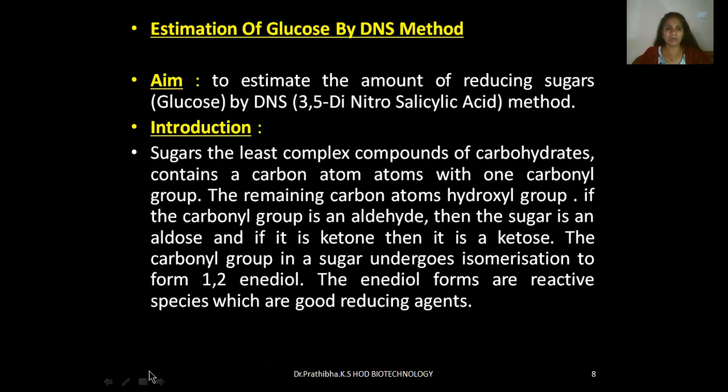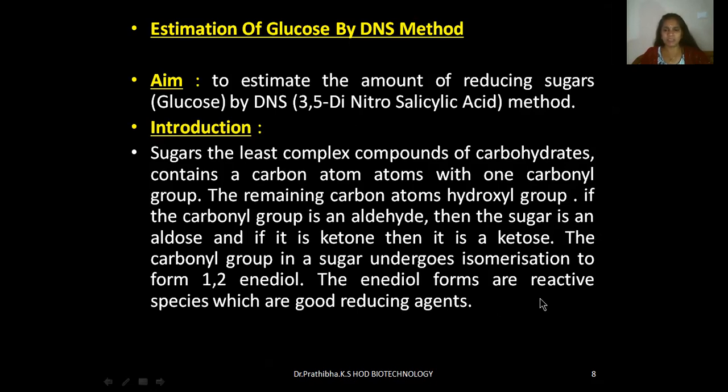Sugars are the simplest compounds of carbohydrates that contain carbon atoms with one carbonyl group. The remaining carbon atoms have hydroxyl groups. If the carbonyl group is an aldehyde, then the sugar is an aldose, and if it is a ketone, then it is a ketose. The carbonyl group in a sugar undergoes isomerization to form 1,2-enediol.